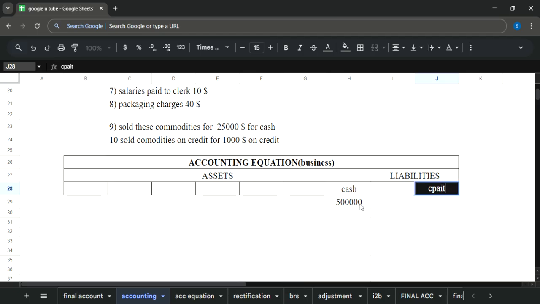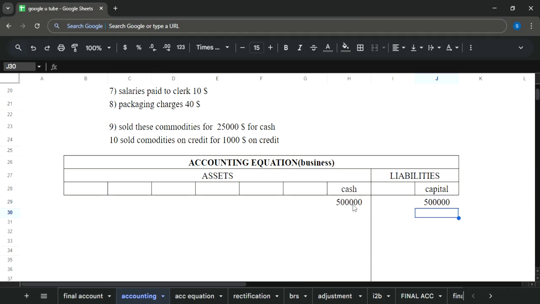Capital is the amount which is provided by the proprietor of the business, and it is a burden for the business as well, because the business is liable to give proper accountability for this 5 lakh rupees. So 5 lakh is a burden for the business as well.